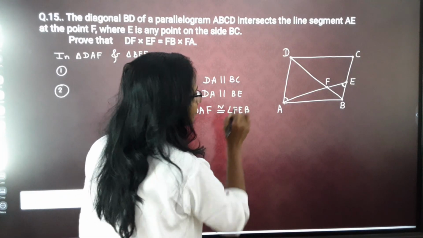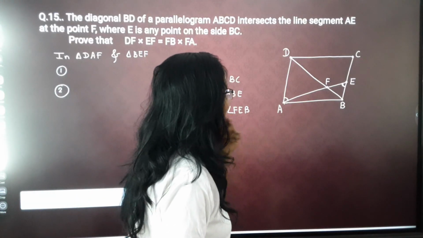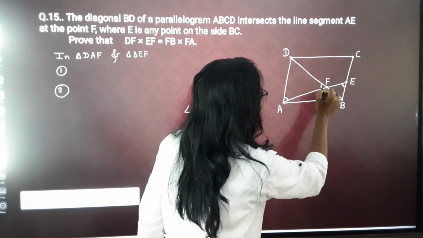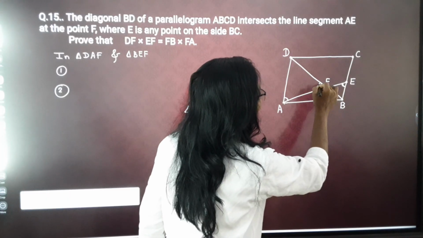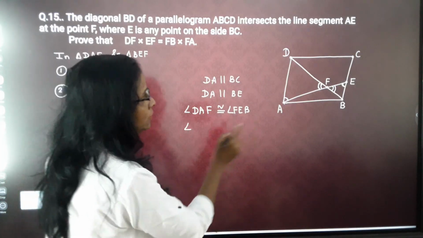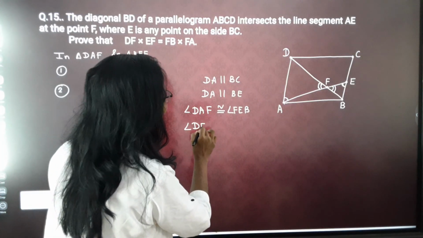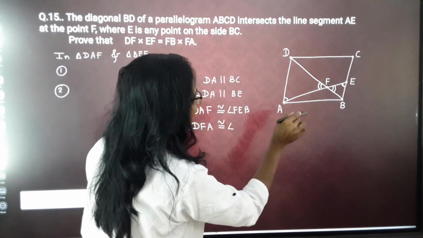Now these two angles are also equal because they are opposite angles. So angle DFA is congruent to angle EFB.